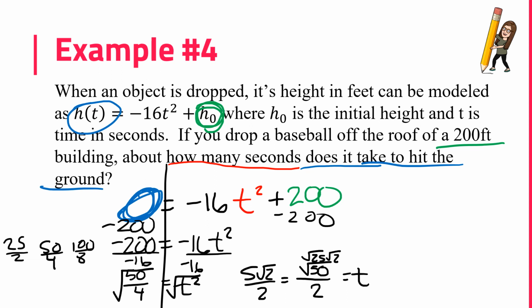Now hold up a second. Is that how we talk about time? Would you be like, yeah, it took 5 radical 2 over 2 seconds? No, right? So what I need you to practice right now is in your calculator, plug that in. I'm going to see if you are using parentheses correctly, if it makes sense.